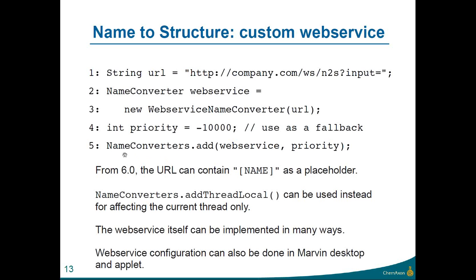One thing to consider is that when you add your web service or any name converter, it will be used by the whole JVM. In some cases, people wanted to do, for instance, custom conversion, if you think about your web application.